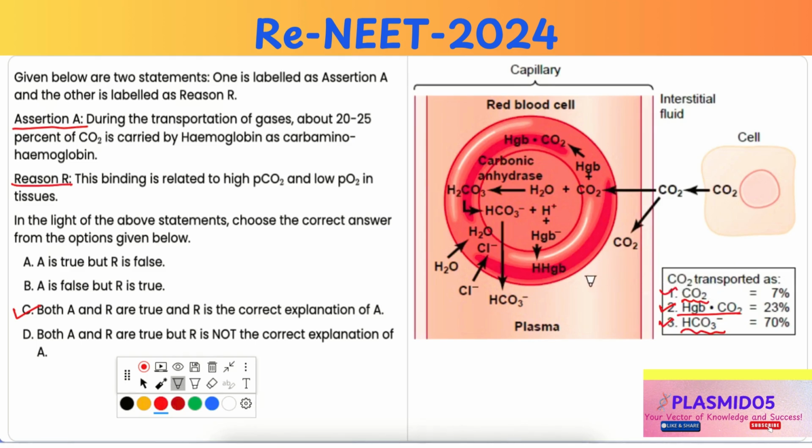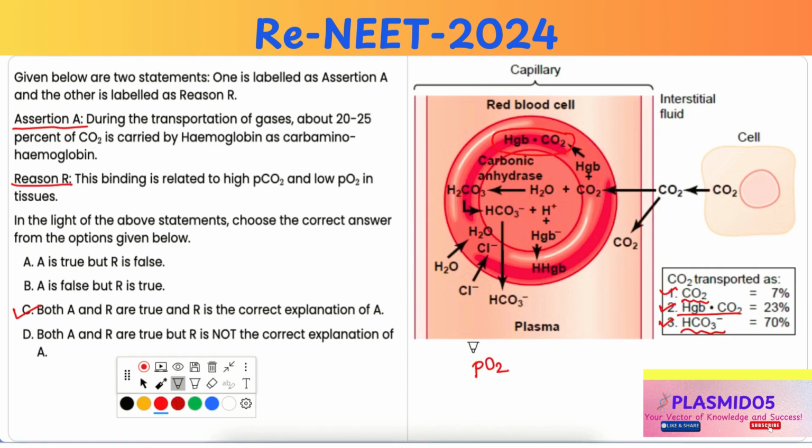The binding of CO2 with hemoglobin is related to the partial pressure of carbon dioxide. Partial pressure of oxygen is a major factor which could affect this binding.